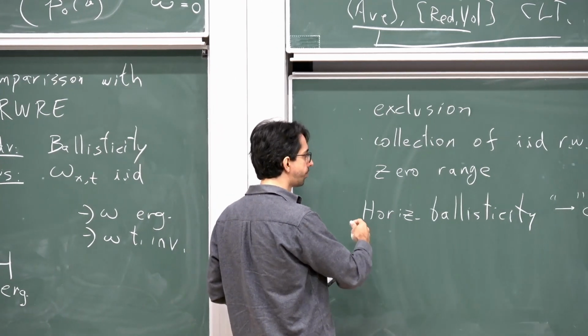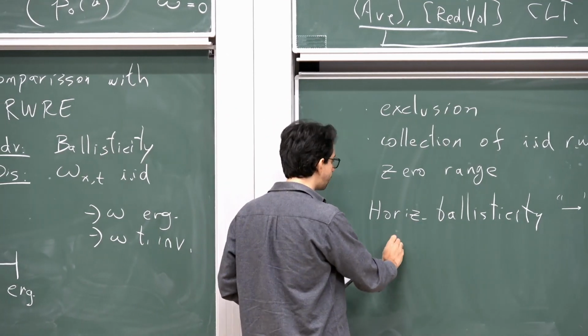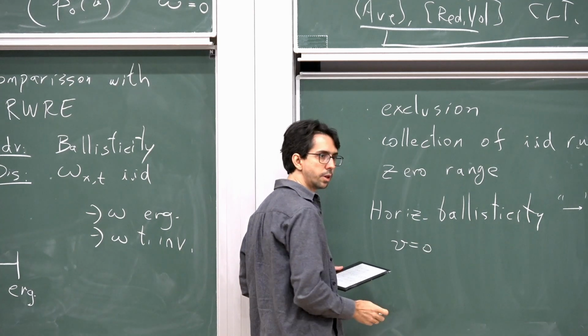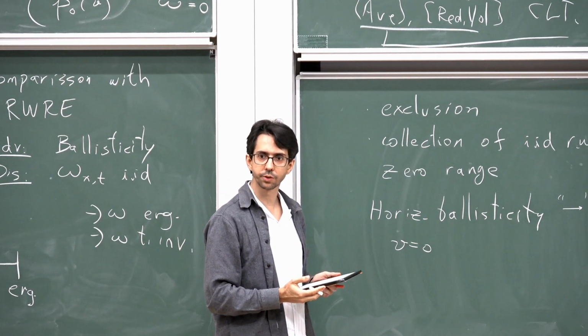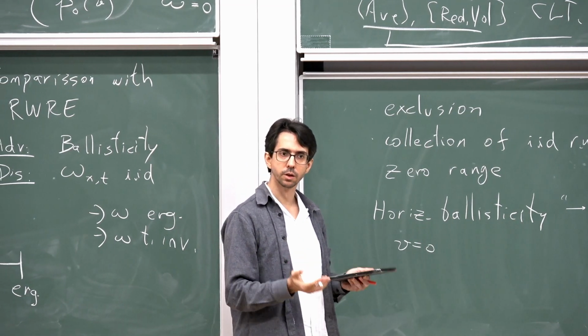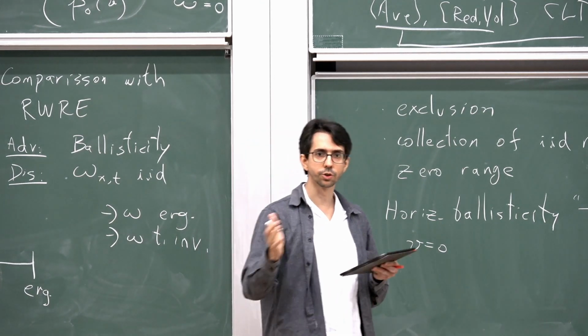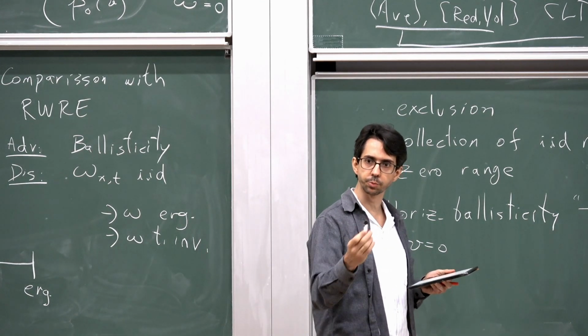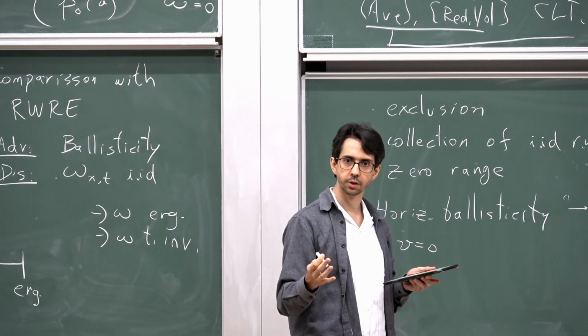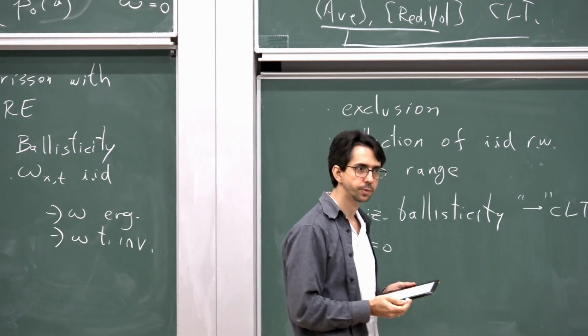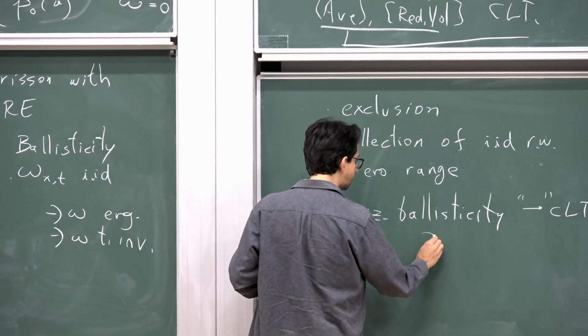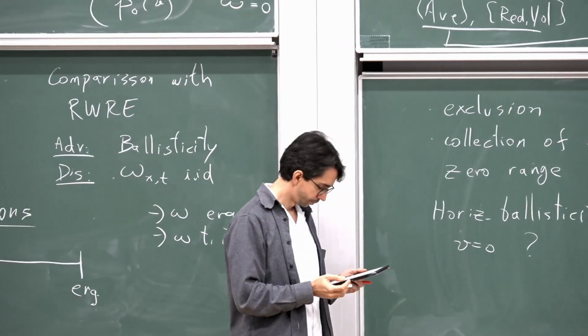As soon as you have no ballisticity, say the worst case your speed is 0, then we don't even know at the heuristic level if we should expect super diffusivity or diffusivity, or there's a phase transition between the two depending on the rates of the environment. So this is a very interesting open question.